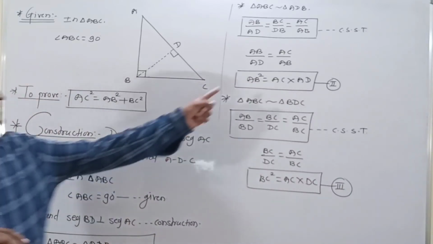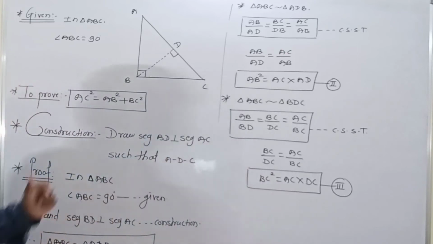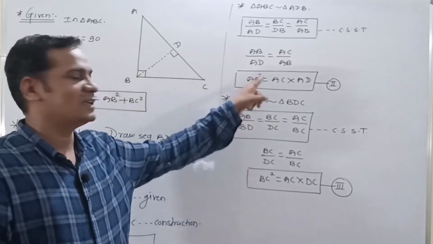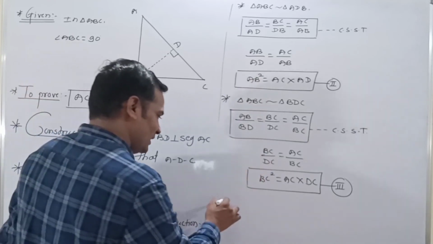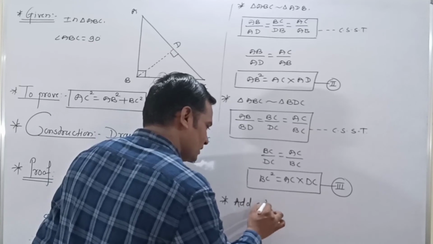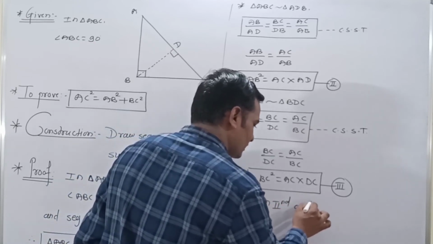Look at equation number 2 and 3: AB square, BC square, and we want AB square plus BC square. That means we have to add these two equations. So the next point is to add equations second and third.